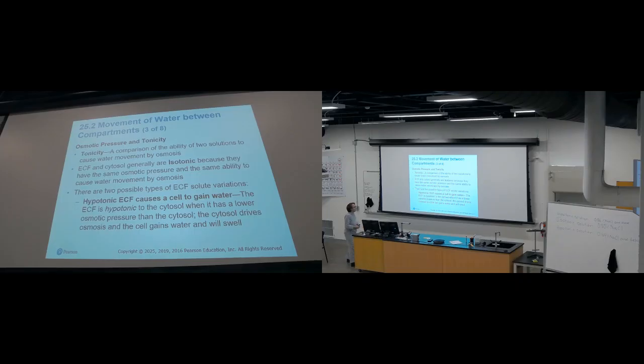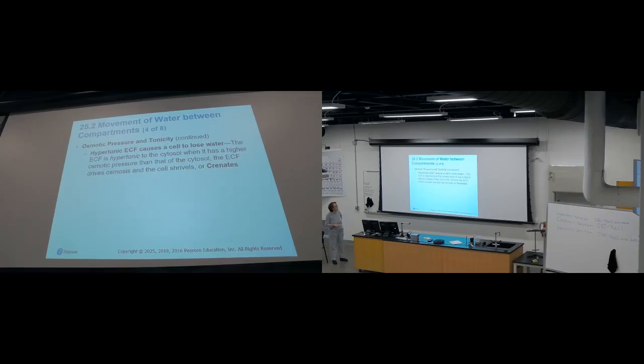If you put a cell in a hypotonic solution, since you're going to have more concentration of solids inside the cells than out, your cells will gain volume. So water will move from low concentration of solids to high concentration of solids. And in hypertonic solution, it's going to be the opposite.